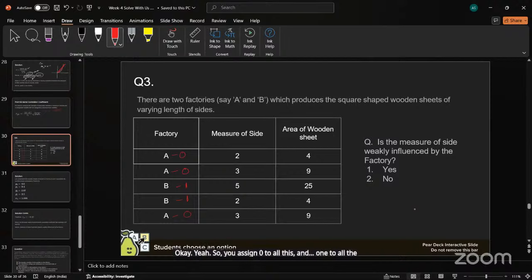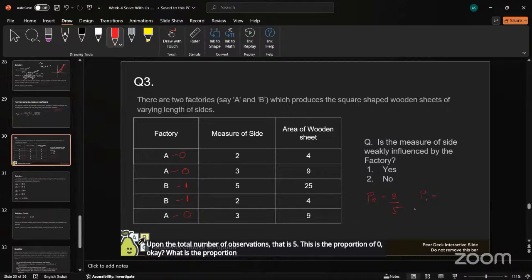Now, how do you calculate the proportion of 0? P0 is the proportion of 0, or the relative frequency. The number of zeros, that is 1, 2, 3, upon the total number of observations, that is 5. This is the proportion of 0. What is the proportion of 1? That will be 2 by 5.